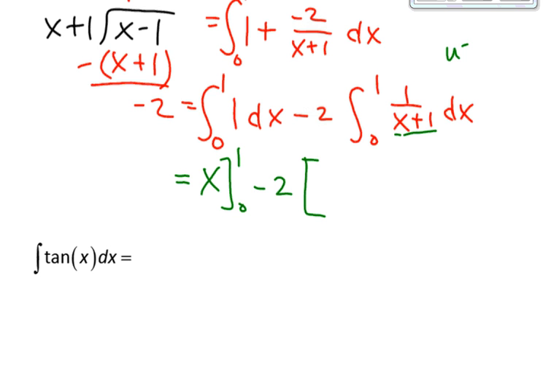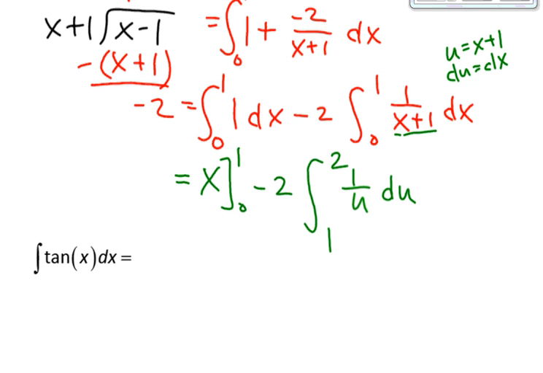So u would be x plus 1, du would be dx. If x is 0, then u is 0 plus 1, which is 1. If x is 1, u is 2. So then that's 1 over u du.